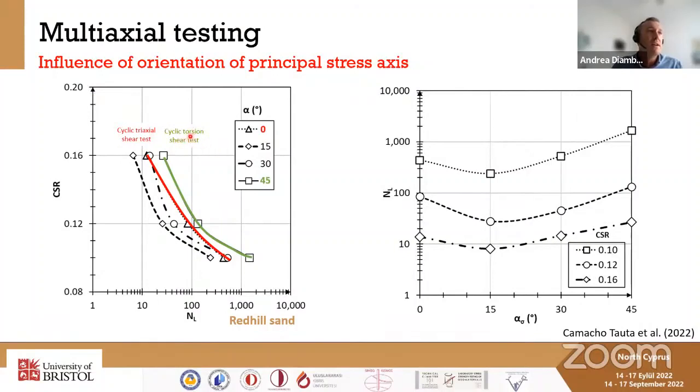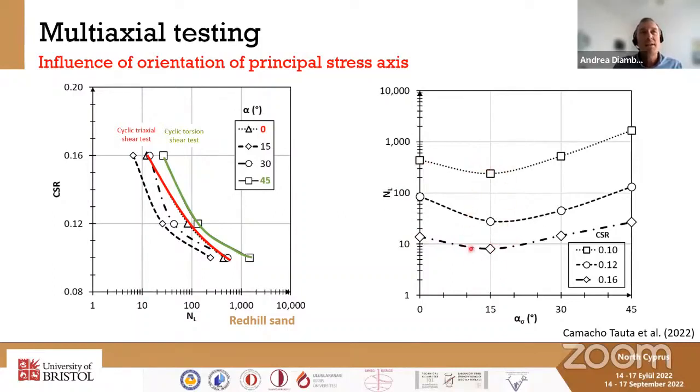We have found that the cyclic torsional test gives the highest resistance to liquefaction, and the triaxial test, as well as shear, is slightly lower. But we also find that the 2 other orientations, 15 and 30 degrees, actually give a lower curve. And if you see this plot on the right-hand side, you can see that for 15 degrees, for the 3 cyclic amplitudes that we have applied, we have found a minimum number of cycles to liquefaction.